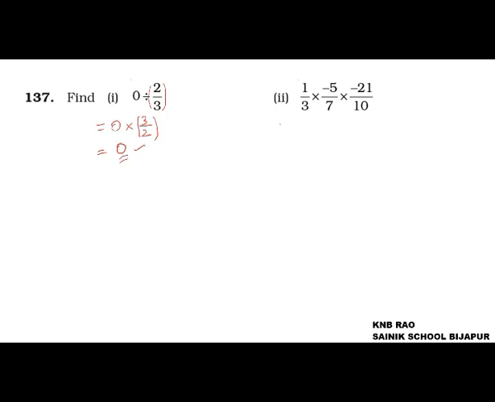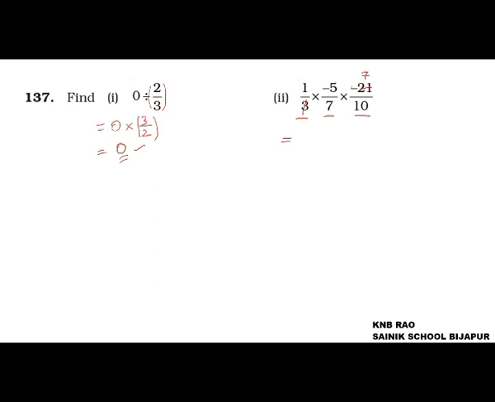Next, in sub question 2, we are asked to multiply 3 different rational numbers. While multiplying these rational numbers, we can see the possibility of cancellation. First, here 3 cancels with this 21, where 3 sevens are 21.